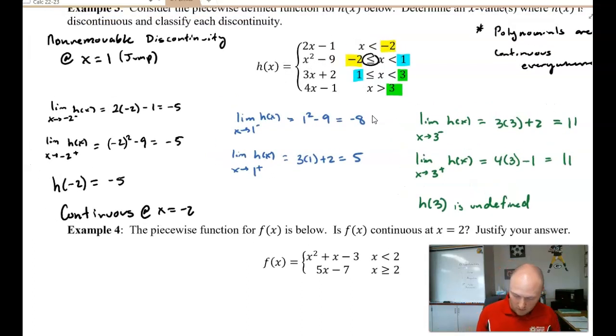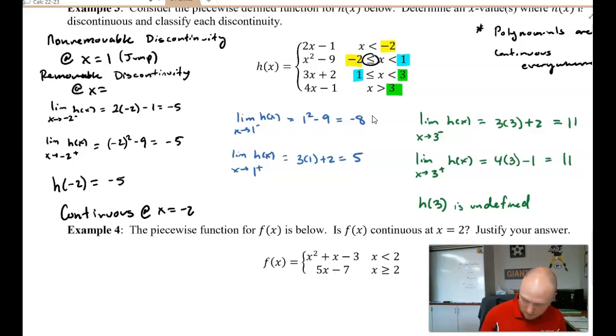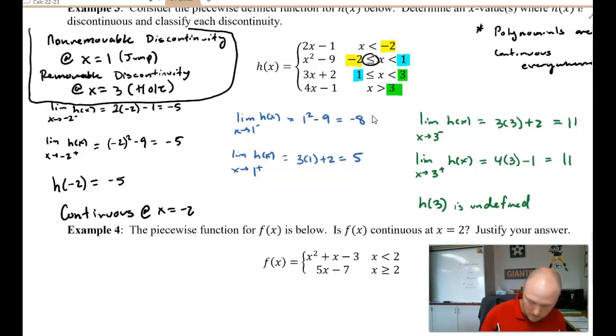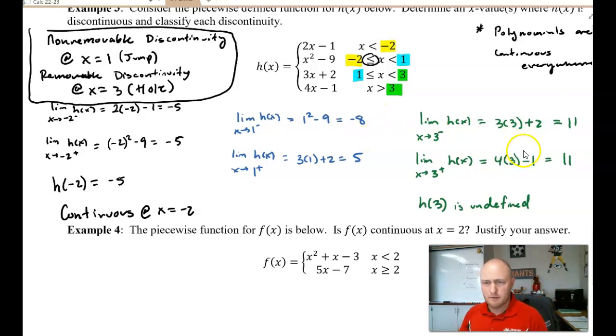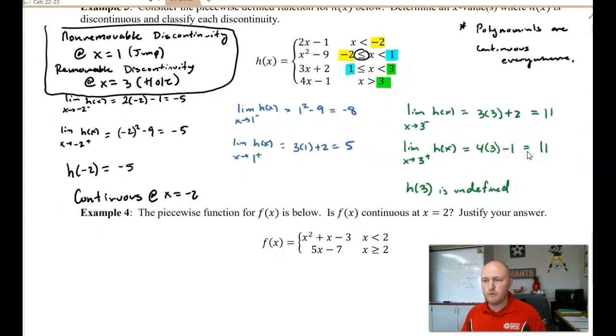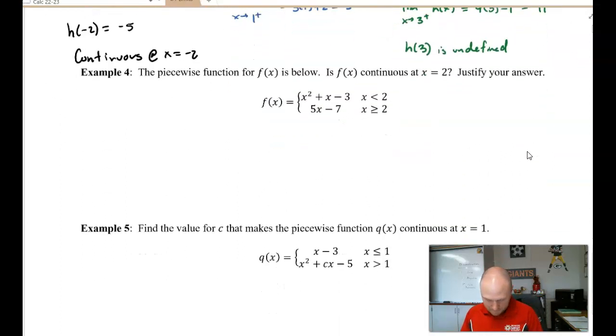So we have a removable discontinuity, and I don't know why I capitalized that D. English people, don't crucify me. Removable discontinuity at x equals 3, and that's a hole. There's your summary. We'll formalize that manana.